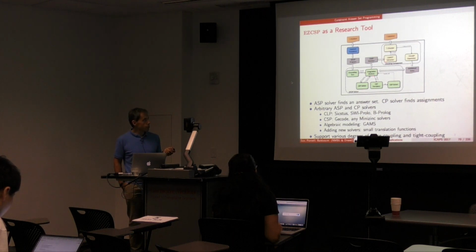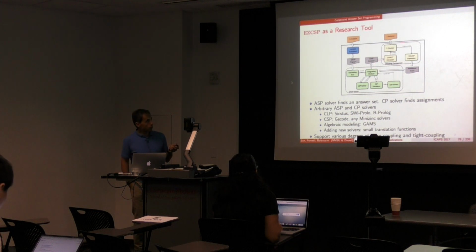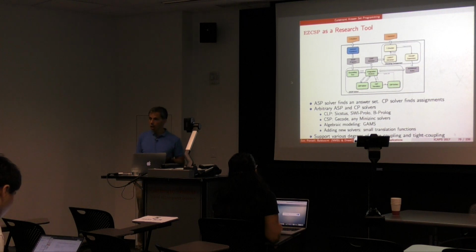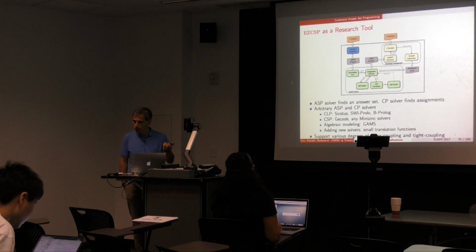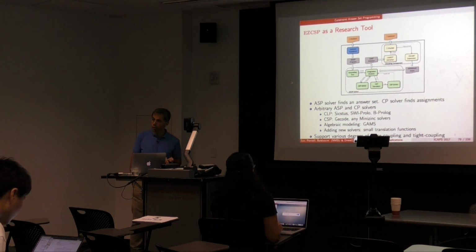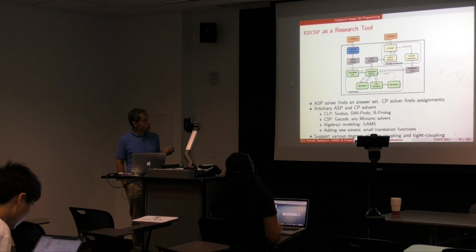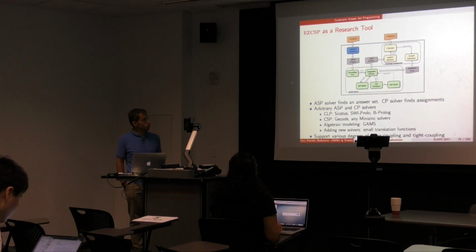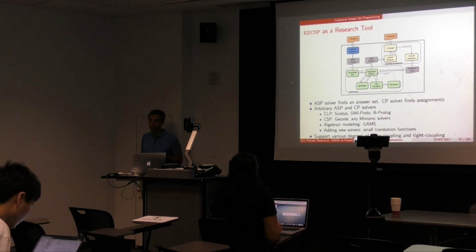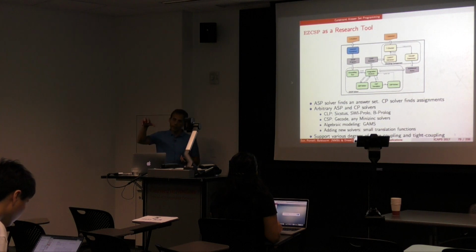That solution is piped out of the system into this component that you see up here, where we do additional checks, depending on the application that we're trying to solve. For example, in the case of PDDL+, we have a translation that translates PDDL+ into EZCSP in such a way that invariants are not necessarily guaranteed to hold within the duration of a state.